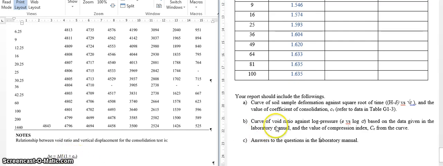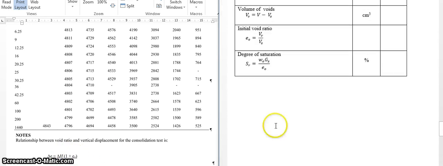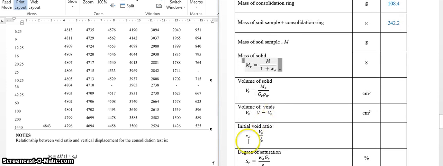Remember that you already get the initial void ratio here. So use the initial void ratio that you obtain from the given data from the calculation, and divide by the initial height, so you get the new void ratio.